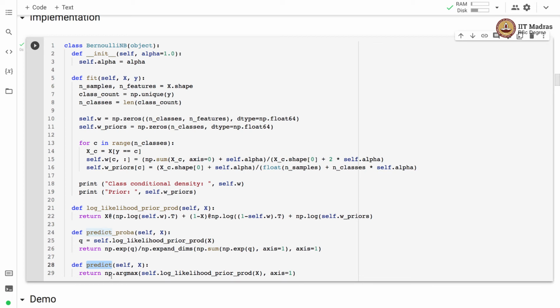One is a predict function that assigns the class label to each example, and then we also have a predict_proba function that calculates the probability of each example belonging to a class. In both cases we first calculate the log likelihood and prior product and use that for assigning the labels as well as to predict the probability of a sample belonging to a class.